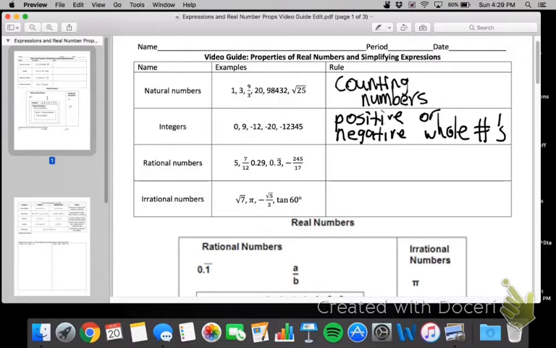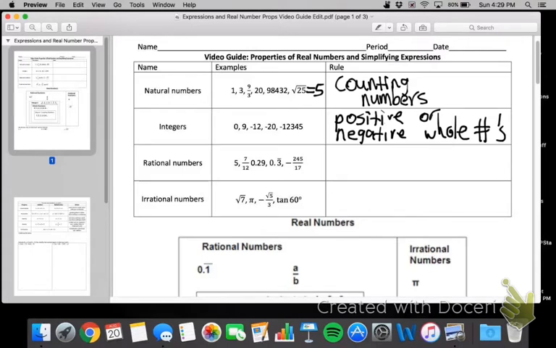So in these examples here, notice I included 9 divided by 3 as a natural number because 9 divided by 3 is 3, which is a whole number. And square root of 25 would equal just 5, so that's also a positive whole number. So the rational numbers are a little bit more of a complicated definition.